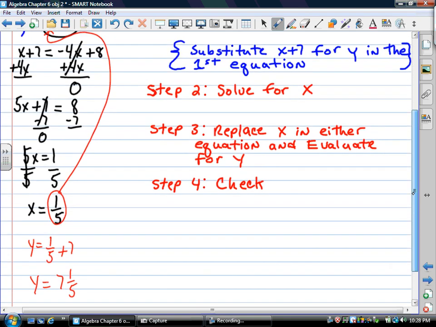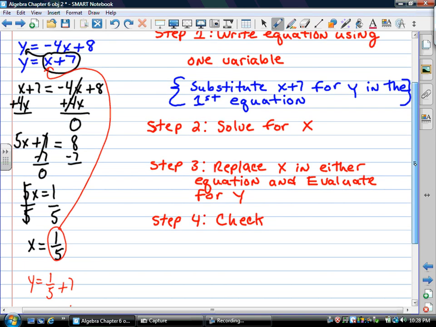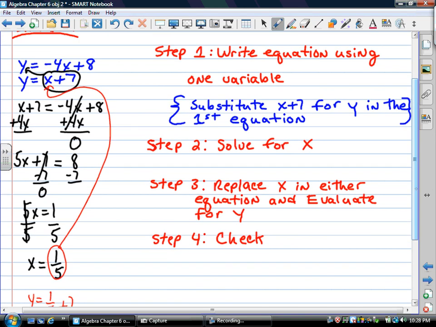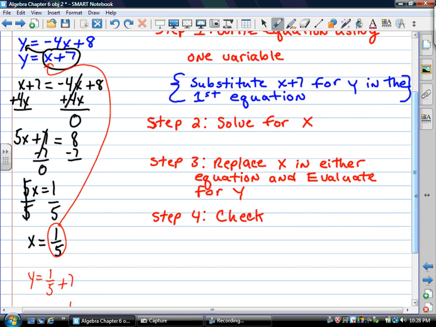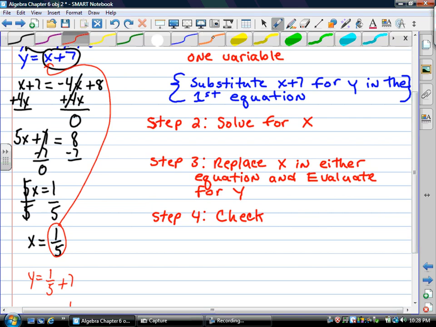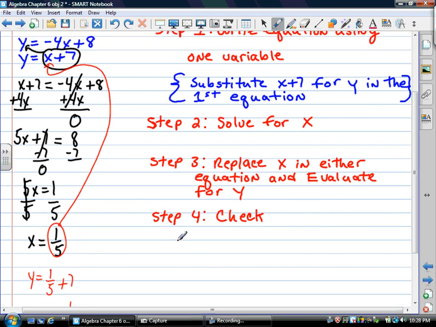My value for x and my value for y has to make both equations true. Okay? So let's replace x and y in the first equation, see if it works, because we know it already works in the second equation. So when I replace y with 7 1/5, is that going to be the same as negative 4 times my x, which is 1/5, plus 8?